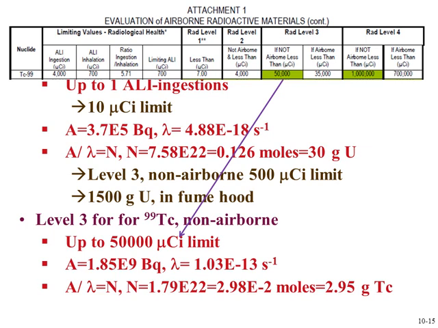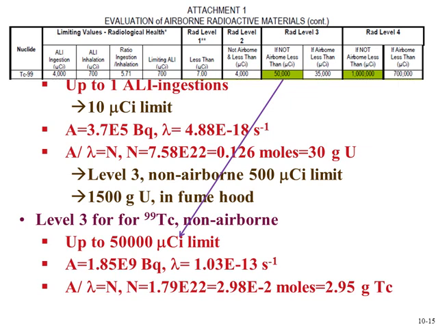If you look at the data, it's either going to be the limit based upon the ALI or up to 50,000, so technetium hits that limit. One of the reasons that the ALI limit is so high is coupled with the biological behavior of technetium: pertechnetate, when ingested, is readily passed, which is one reason that it's used in radiopharmaceuticals.